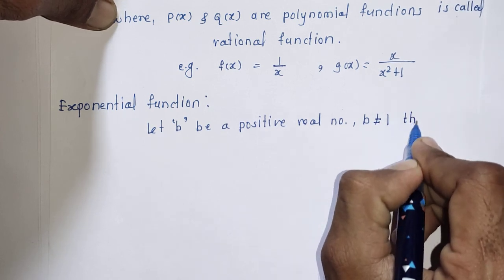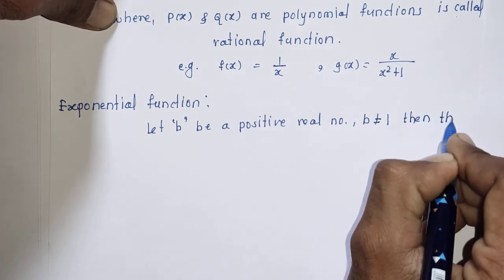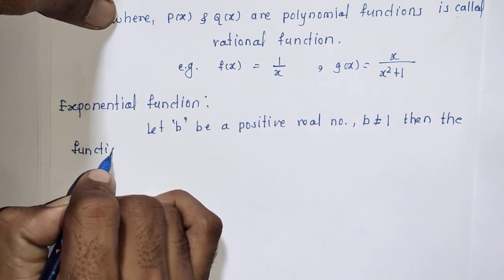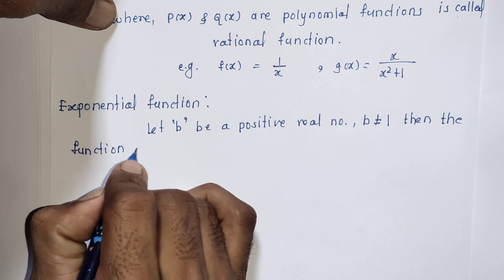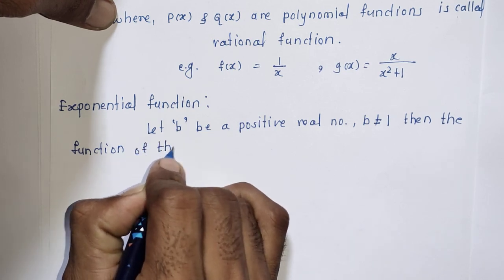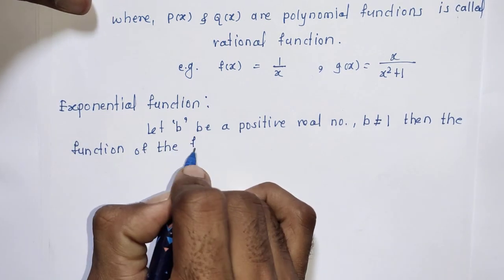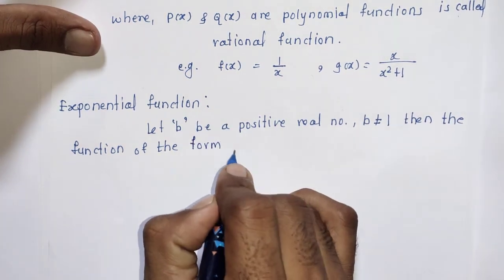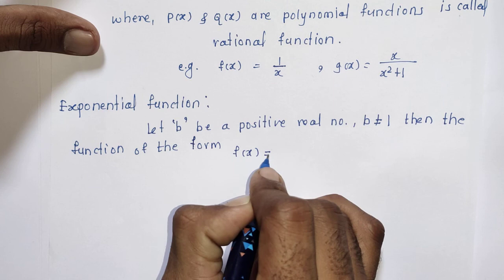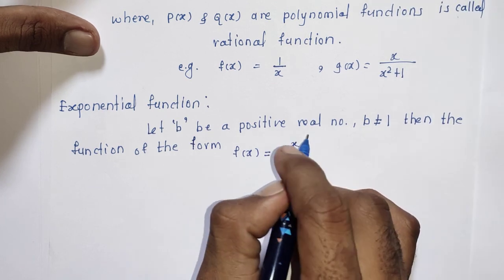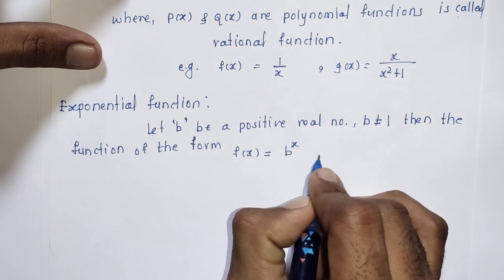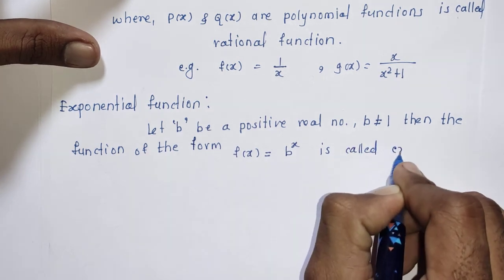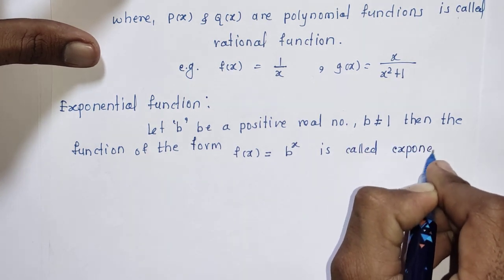Then the function of the form f of x is equal to b raised to x is called an exponential function.